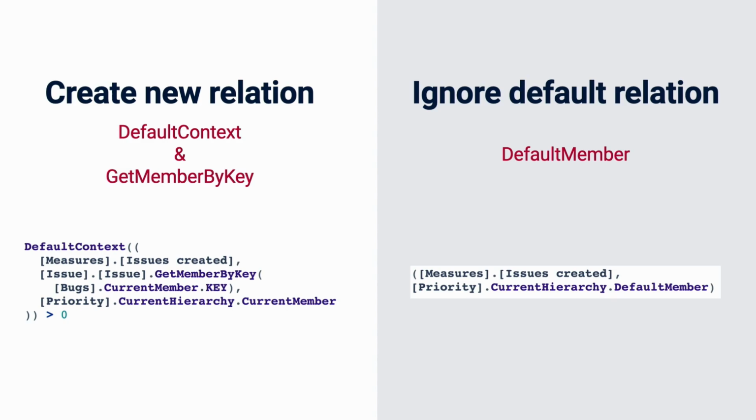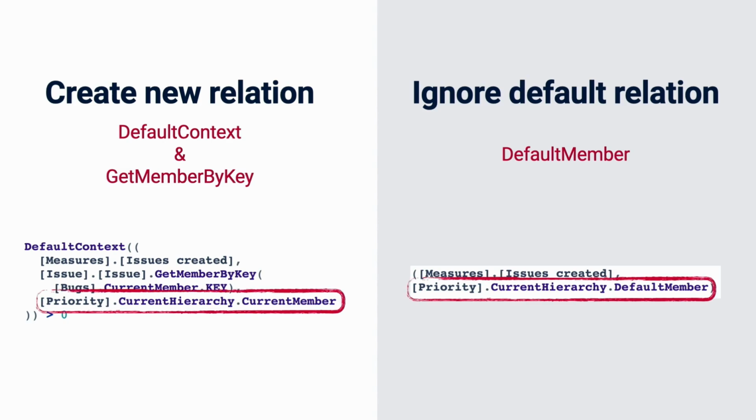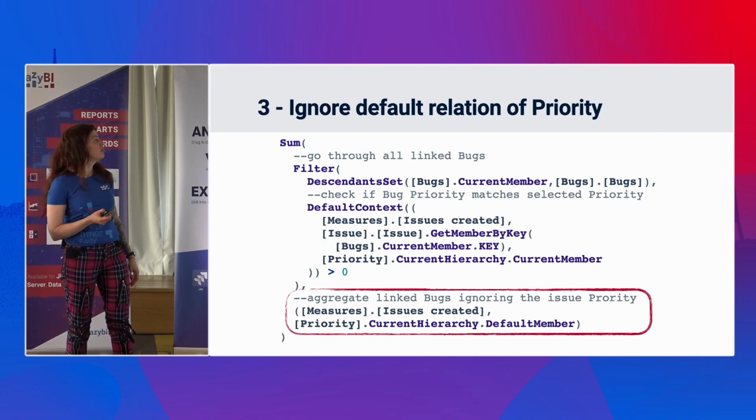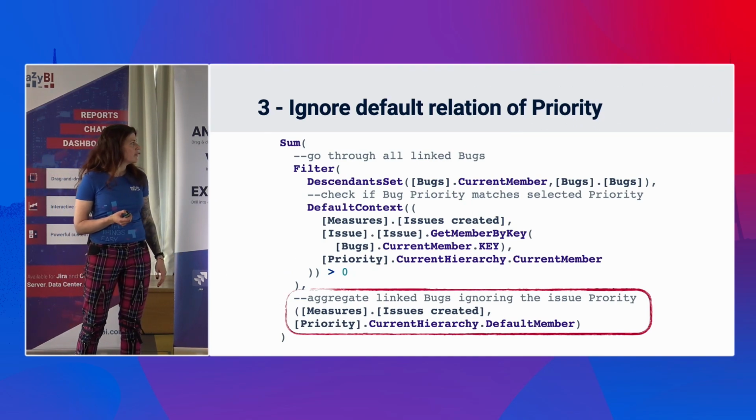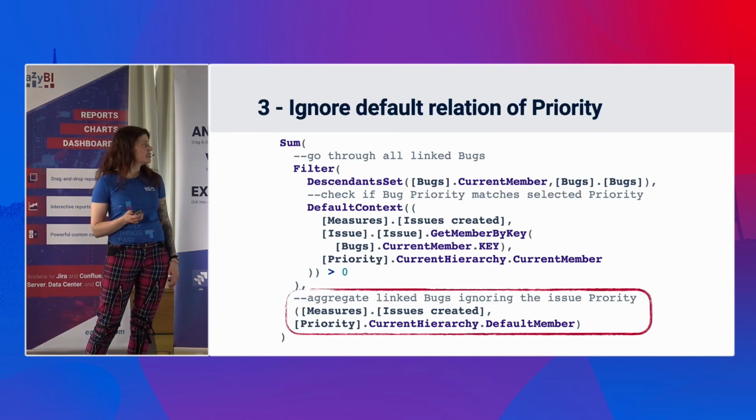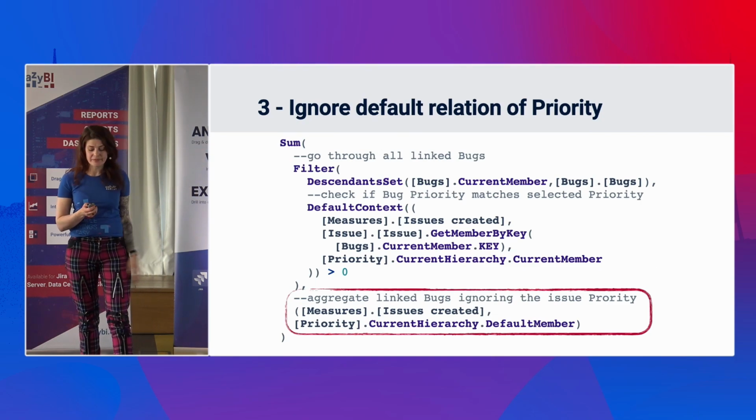In the other part of the calculation, you are using default member to ignore its current default relation to metrics and report. So here, in my example, the priority is in both parts of the formula. To go a step back, this step and this step should be balanced.